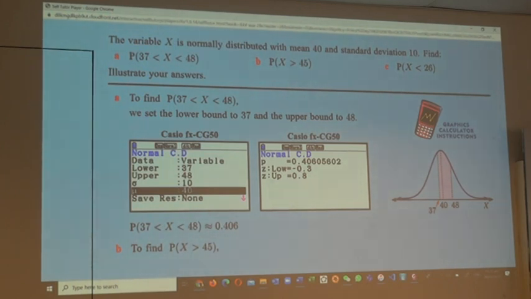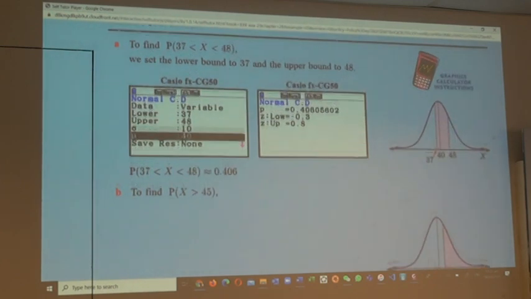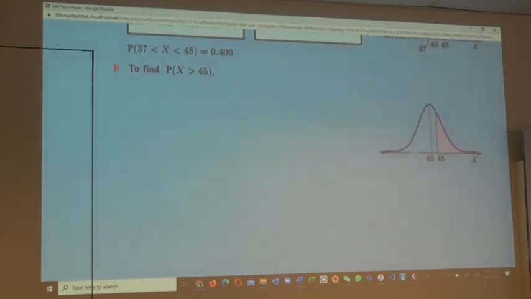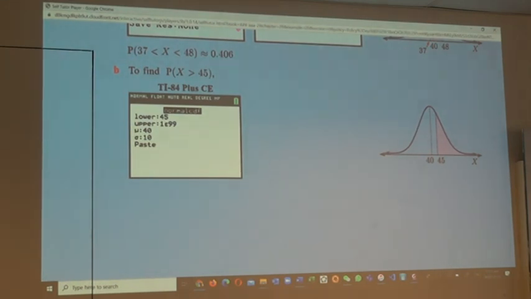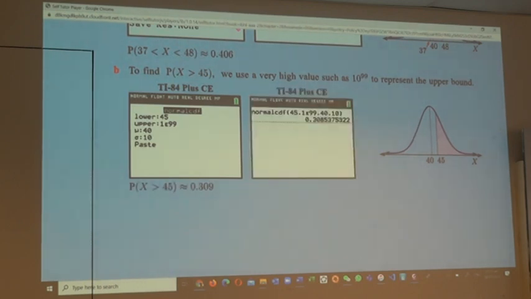Again, this is not a whole number of standard deviations from the mean. We set the lower bound to 45. We want the upper bound to be infinite, but our calculator cannot do this, so we use a very large number instead, such as 10 to the power 99. The probability that the variable is more than this value is effectively 0, so our results will be accurate. Using technology, the probability is about 0.309.